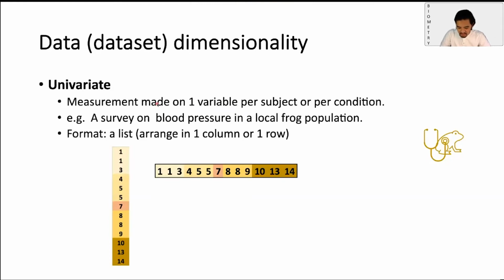Once you record them, you put them in Excel in the form of a list. In this instance, you have one column where you just record the blood pressure of the frogs. Sometimes you can even put it in the form of one row, and that's it. Sometimes you put a title at the top or at the end. This kind of data is considered univariate data.